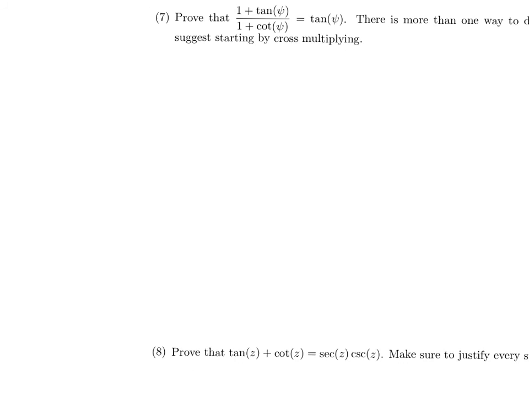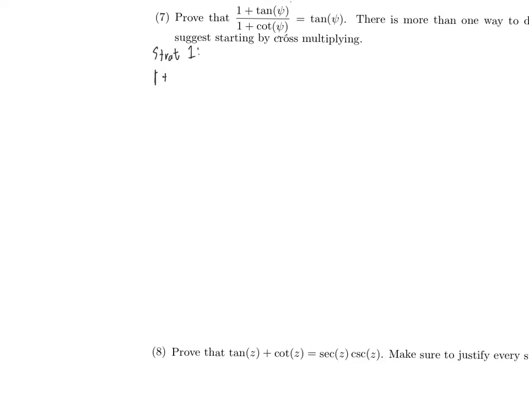So that means I'll have to manage my space carefully. So strategy 1. So let's take the more complicated side and simplify it. So the more complicated side is obviously this one. So let's start with that side and simplify it.